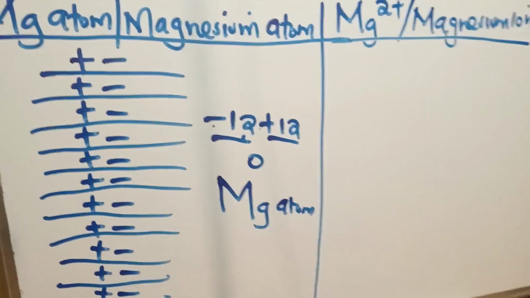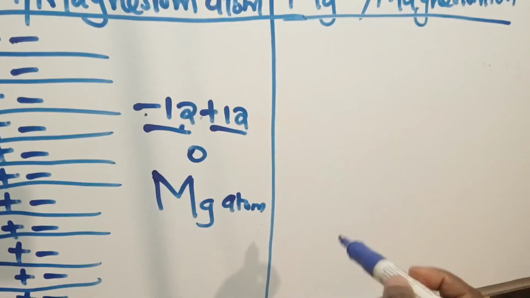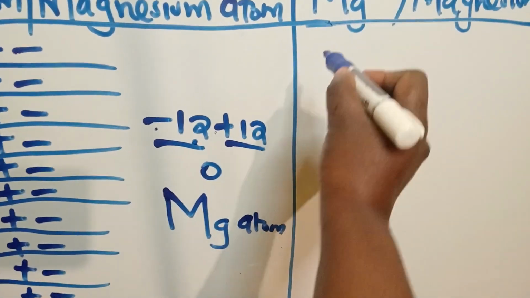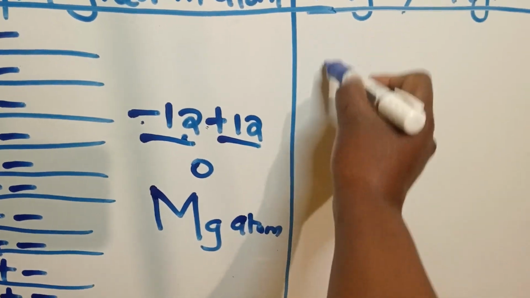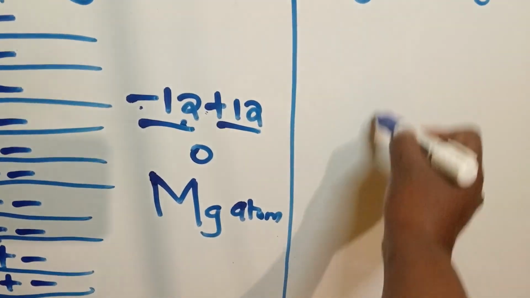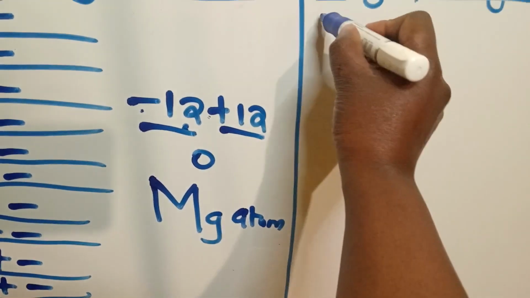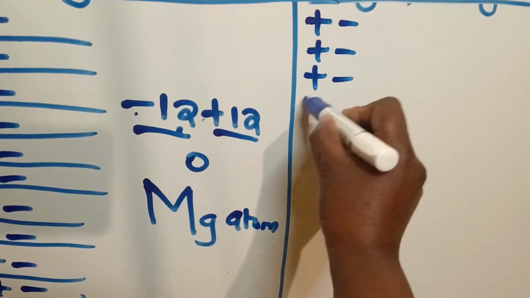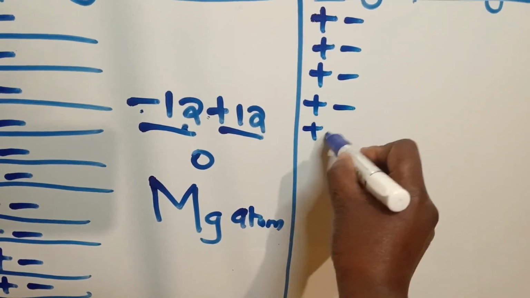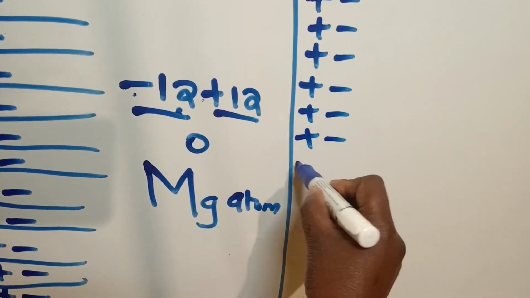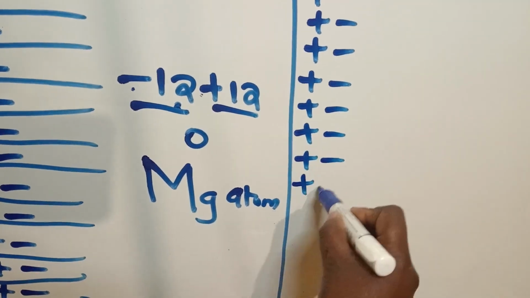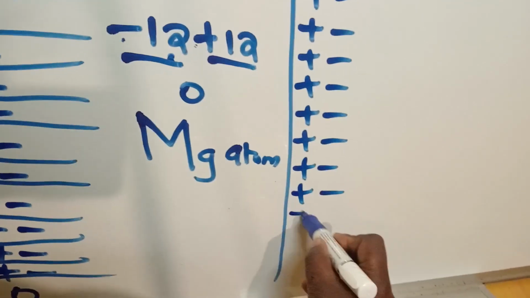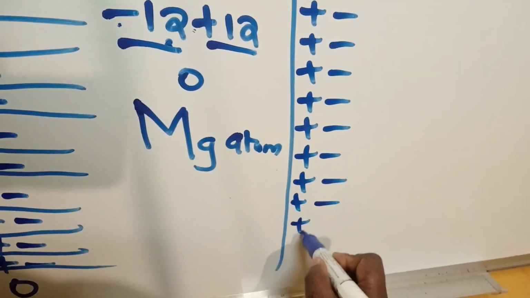Then we go to the side of the magnesium ion. Just as we did for the magnesium atom, we will also have 12 positives and 12 negatives. So we do them together: 1, 2, 3, 4, 5, 6, 7, 8, 9, 10, 11, 12.